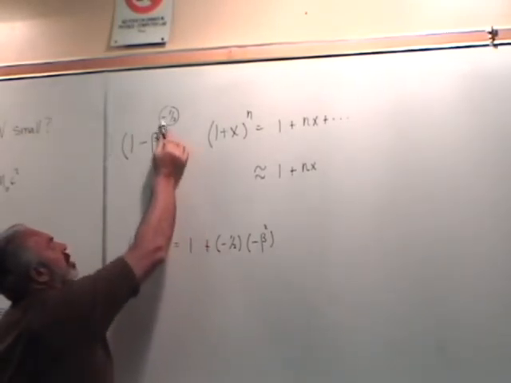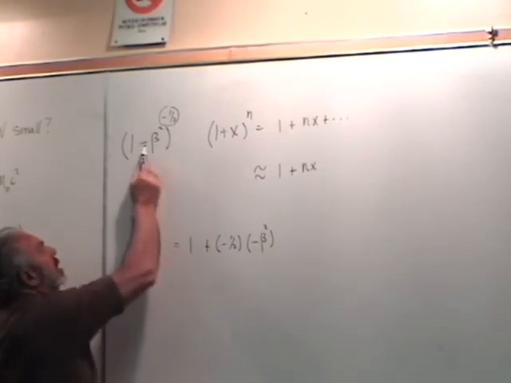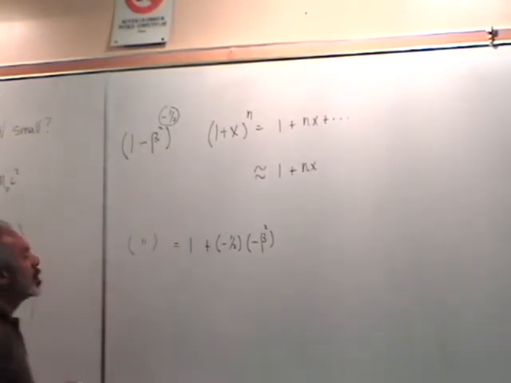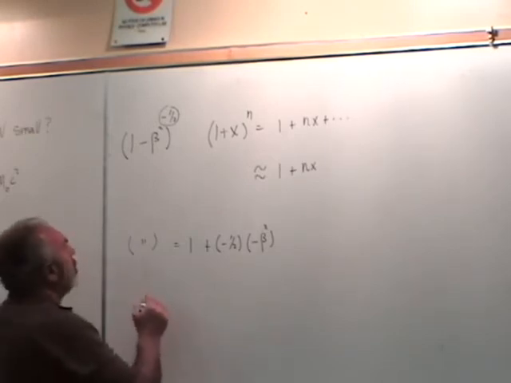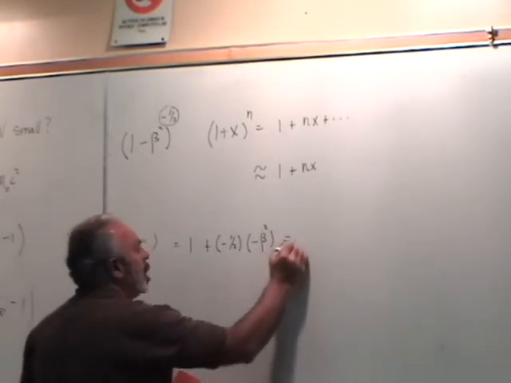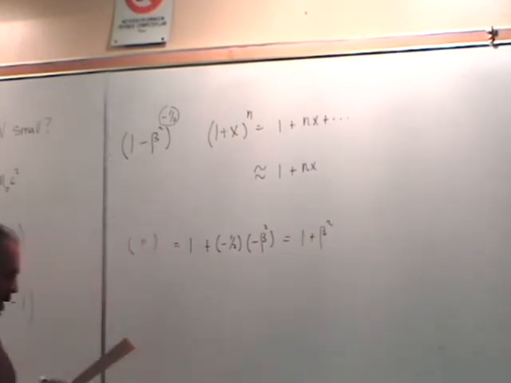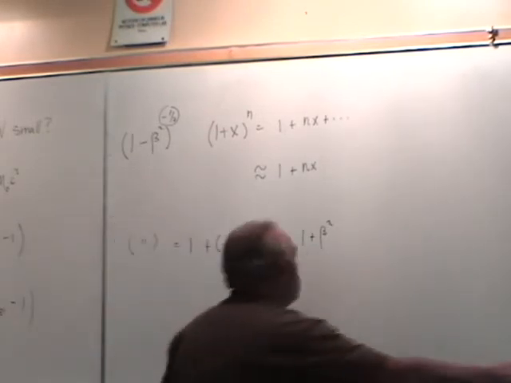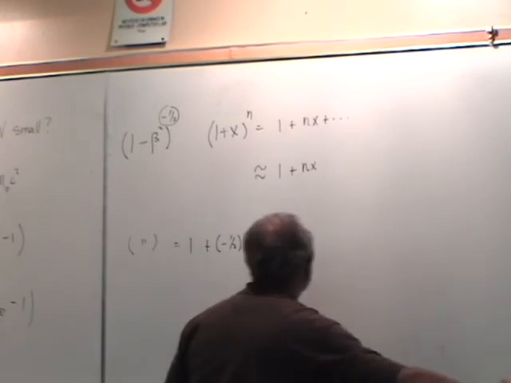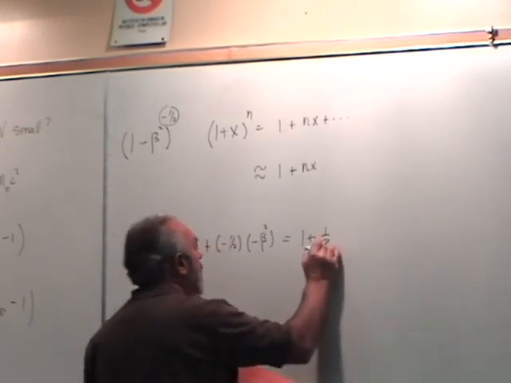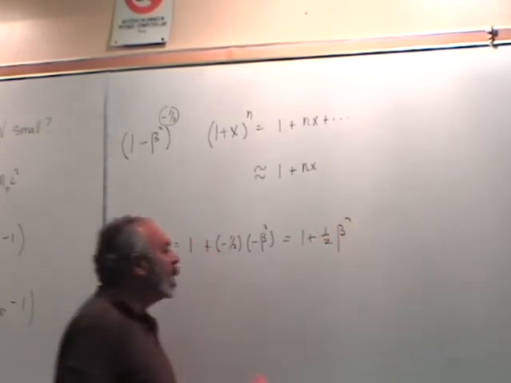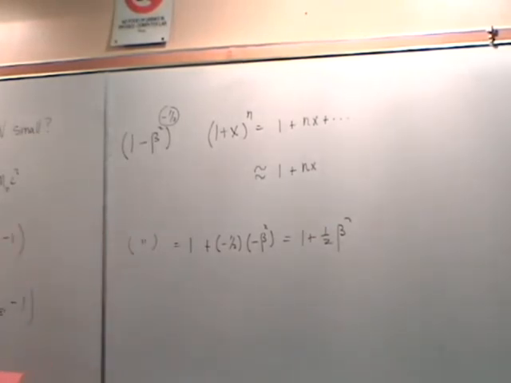I get a negative because that's a negative 1/2 for n, and I get a negative because of the plus negative beta squared. So this simply becomes 1 plus 1/2 beta squared. And we can simply insert that right here.